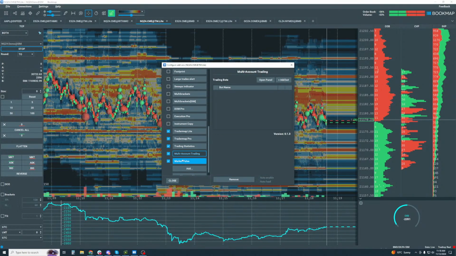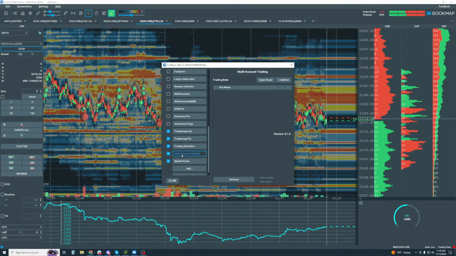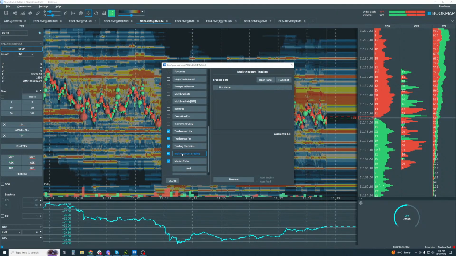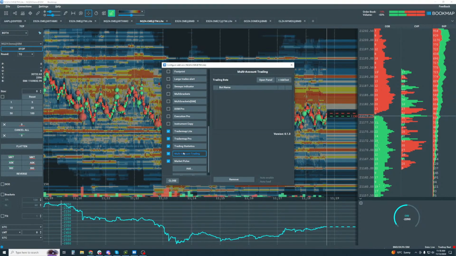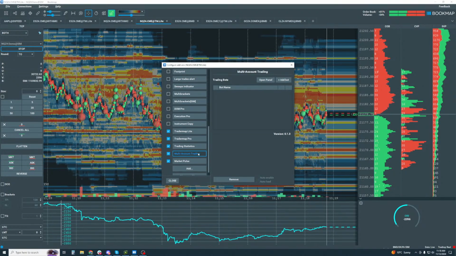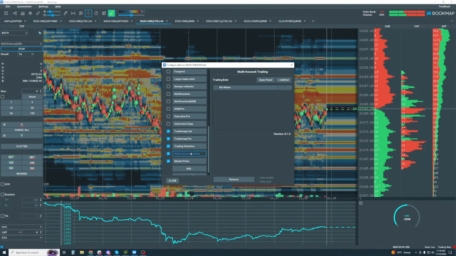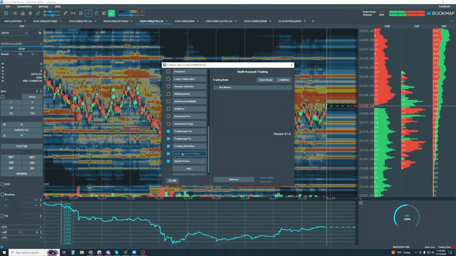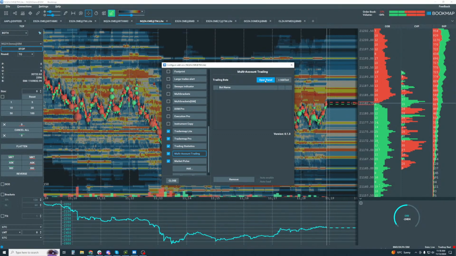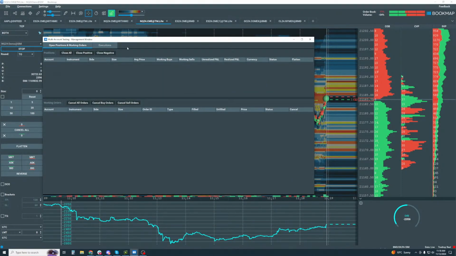First, if you're a beta tester, like I said at the beginning of the webinar, you have access to come in here and get access to this multi-account trading. You download it, install it, check the box here, and then you can open your panel in here. You will not have anything in it.